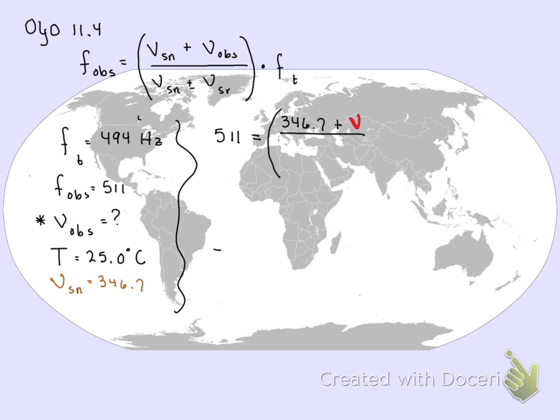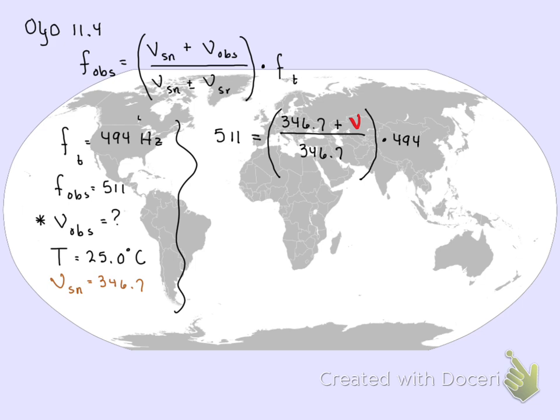Then you've got the velocity of sound, which is 346.7. And then, of course, the source is not moving, so we only need the 346.7 in our denominator. And the true frequency is given as 494. So that's what we've got as far as our equation.